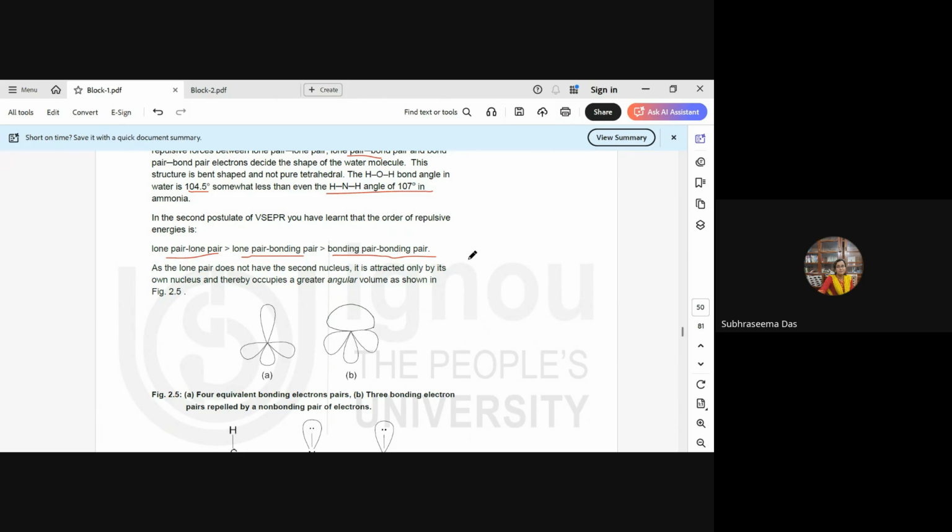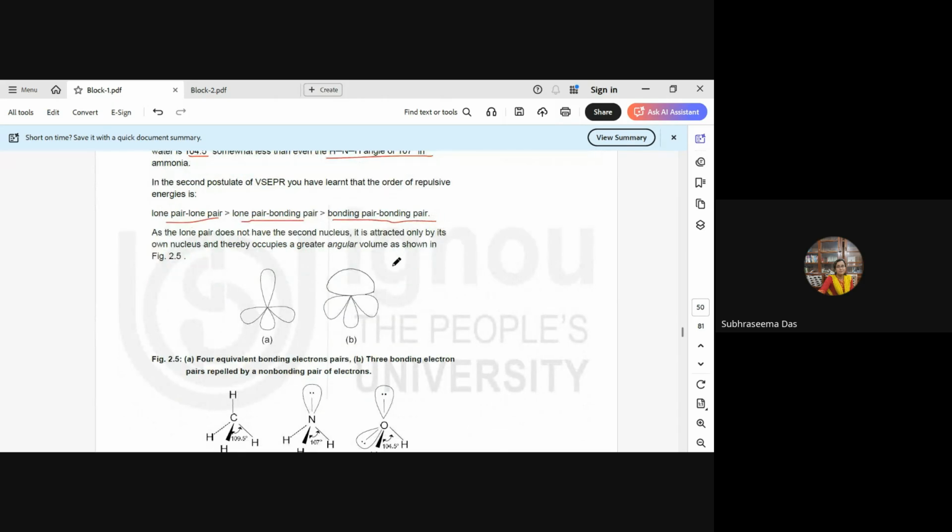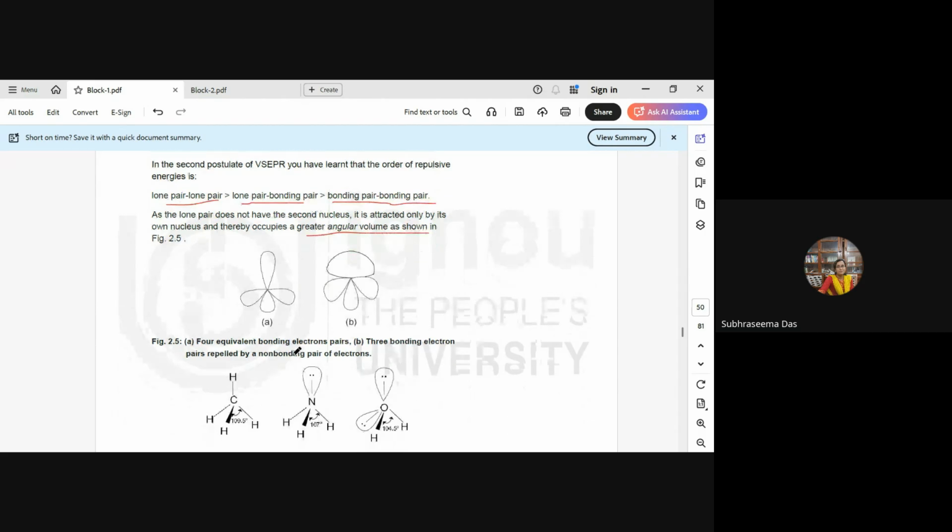As the lone pair does not have a second nucleus, it is only attracted to its own nucleus, and therefore it occupies a greater angular volume. Here, as shown in figure 2.5, figure A represents four equivalent bonding pairs, but figure B represents three bonding electron pairs which are repelled by a non-bonding electron pair.